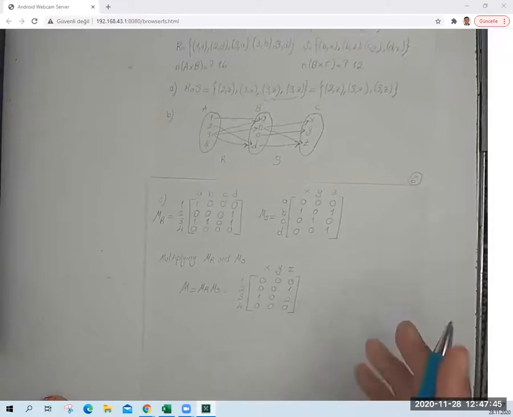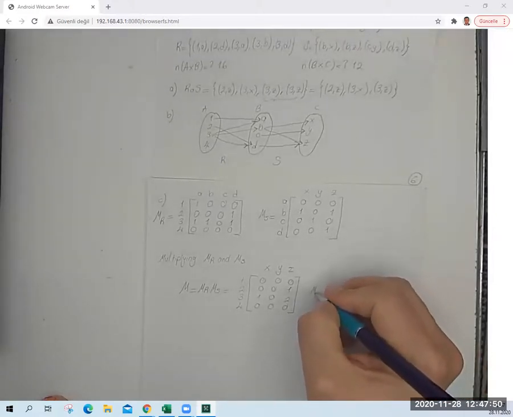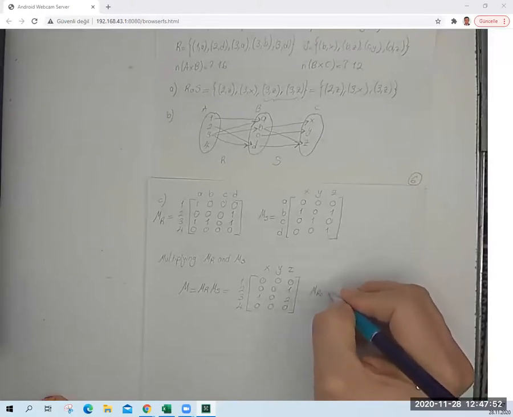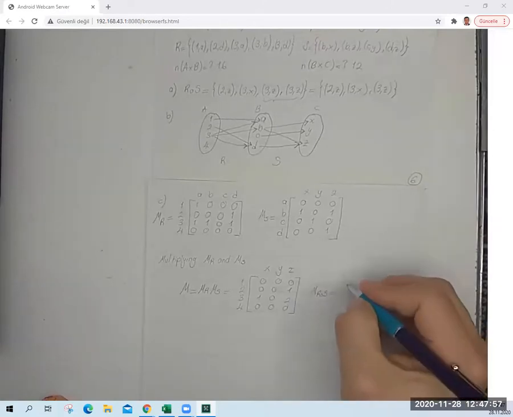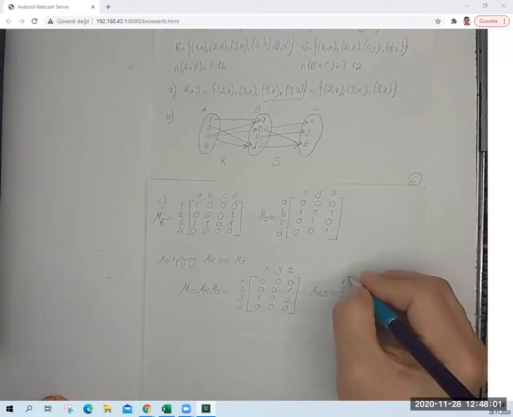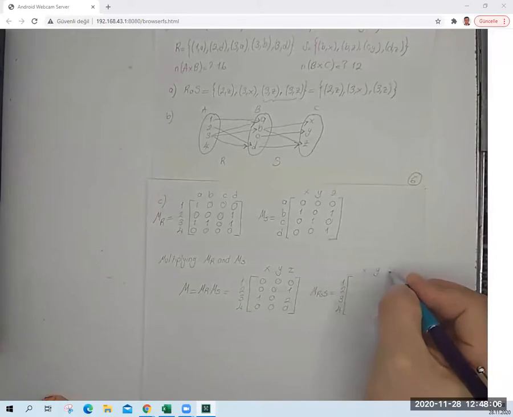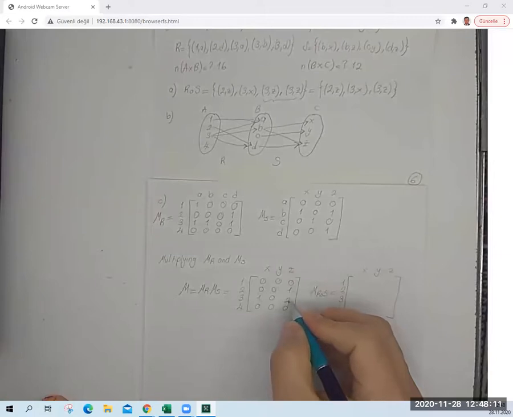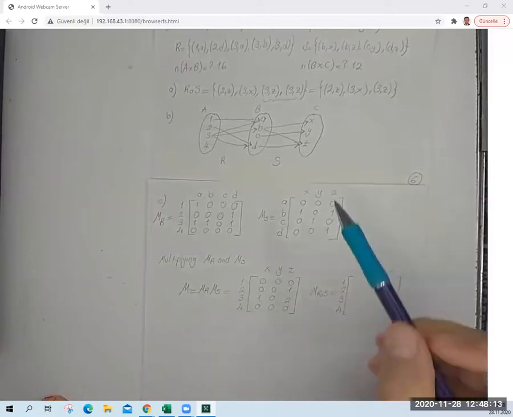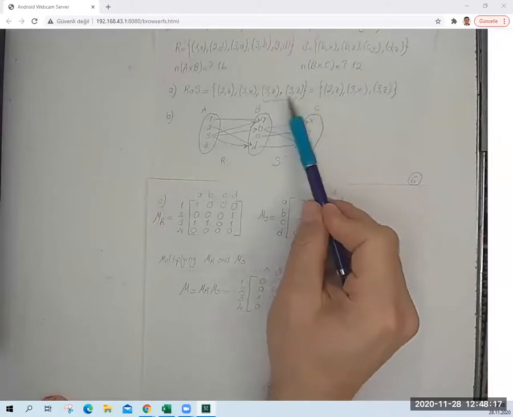If I want to write matrix R relation composition with the S, this is going to be 1, 2, 3, 4, and X, Y, and Z. That 2 is going to be 1 because of that condition, that situation.